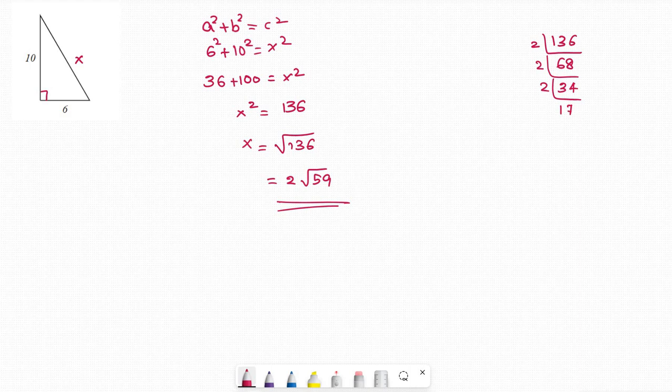So we make a group of 2, pull out 1, and keep the other thing inside the radical. So it will be 2 outside and 2 times 17 inside, so it is 2 root 34.